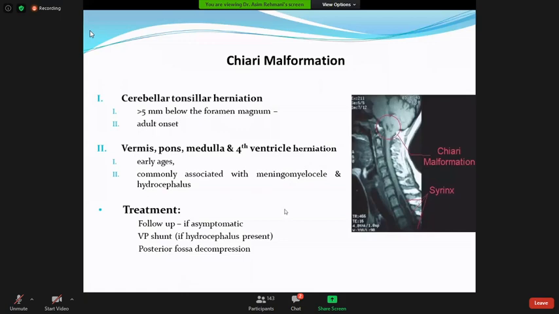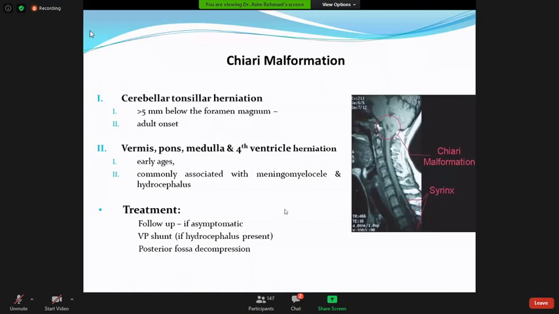The treatment of Chiari malformation depends upon the symptomatology or neurological condition of the patient. If the patient is asymptomatic, that is, this condition was found incidentally, then the patient should be followed.